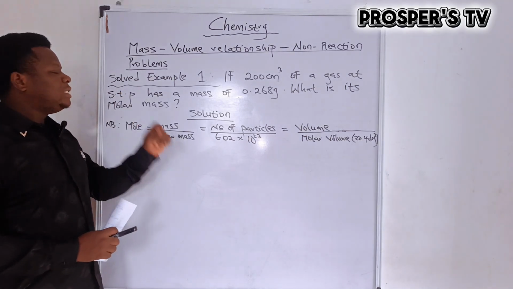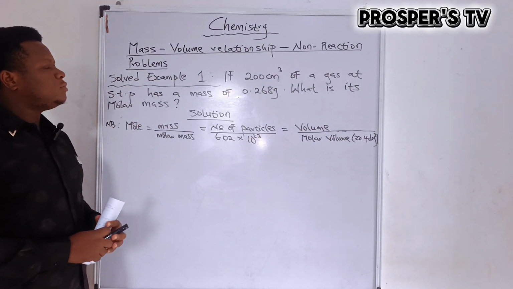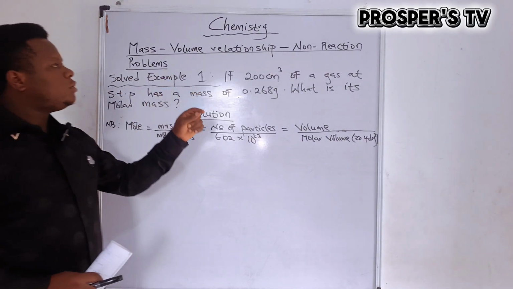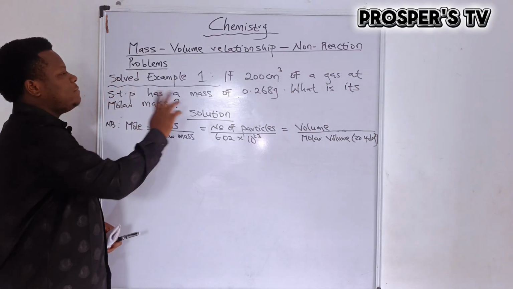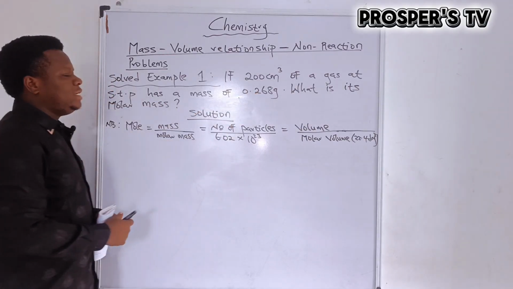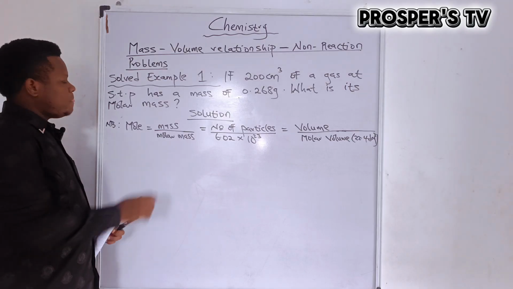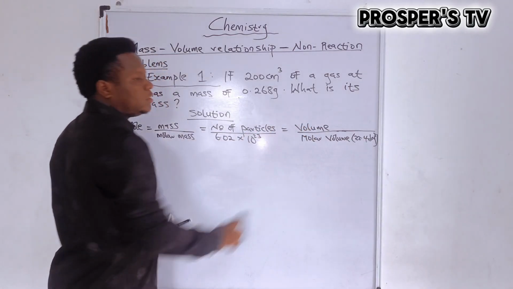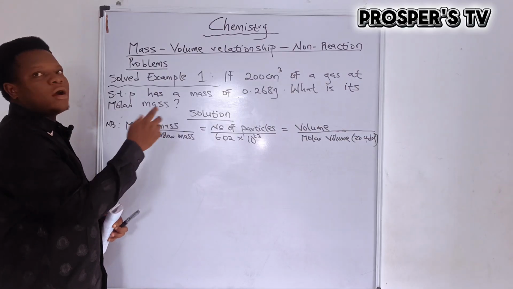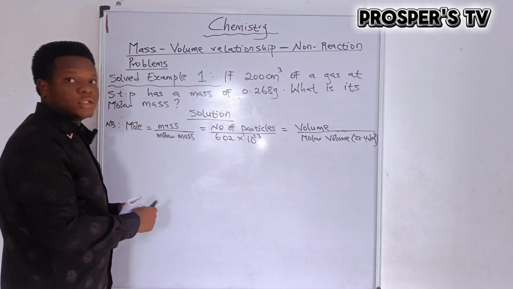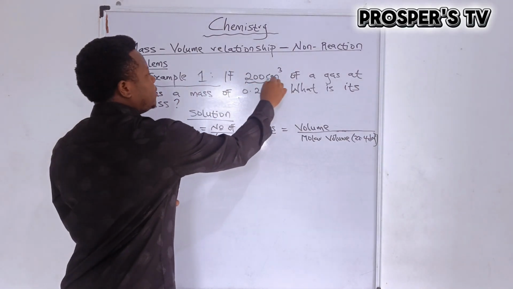Okay, so this is the first example. What's the question we have here? It says if 200 centimeter cube of a gas at STP has a mass of this, what is its molar mass? So this is the formula I just showed you guys. What you simply do is take note of the parameters that are being mentioned in the question. First of all, I have volume.